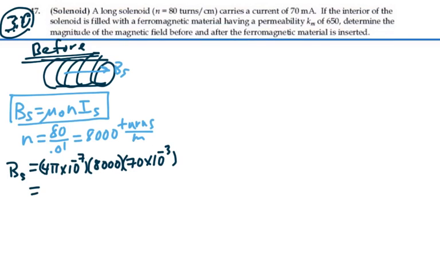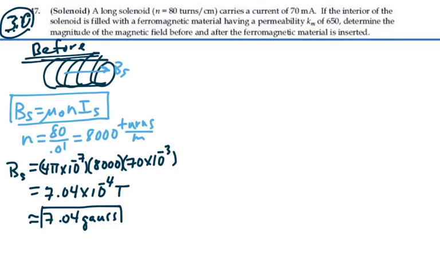And this is equal to 7.04 times 10 to the minus 4 Tesla. 10 to the minus 4 Tesla is a Gauss, so we would say that this is 7.04 Gauss. In other words, there's 10,000 Gauss in a Tesla.